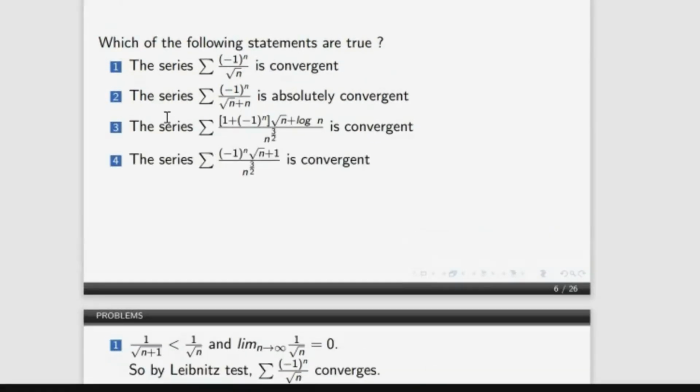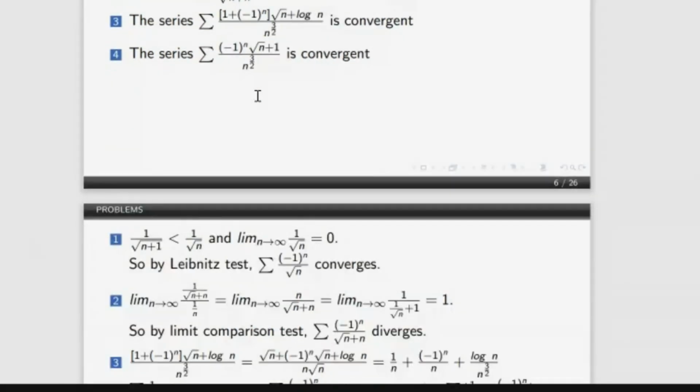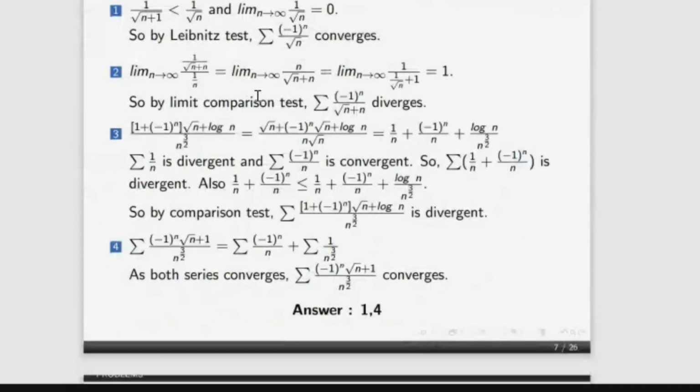Now coming to the second option, that is minus 1 power n by root n plus n. Here they have specifically mentioned absolute convergence, so I need not check this minus 1 power n. I need to check 1 by root n plus n, right? For the second option, I have applied the limit comparison test. I have compared it with 1 by n. So taking 1 by n, I get n by root n plus n.